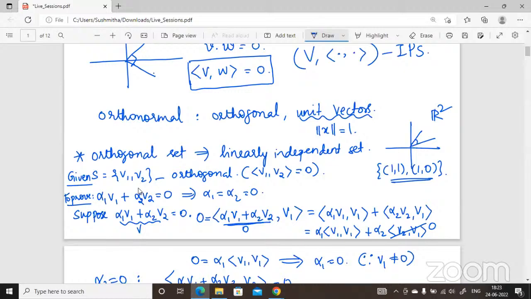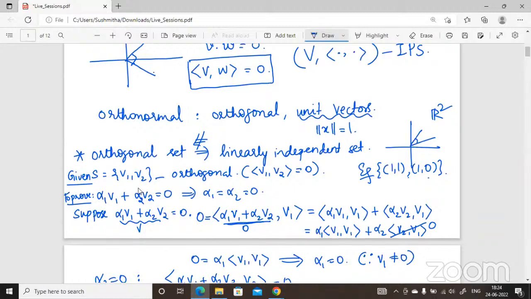So it is not orthogonal, but this is a linearly independent set. So the converse is not true. To show something is true, you have to write a proof. To show something is false, it is enough to give one example that does not satisfy what you want to show. So here we are giving an example. Is it clear? Clear, ma'am.